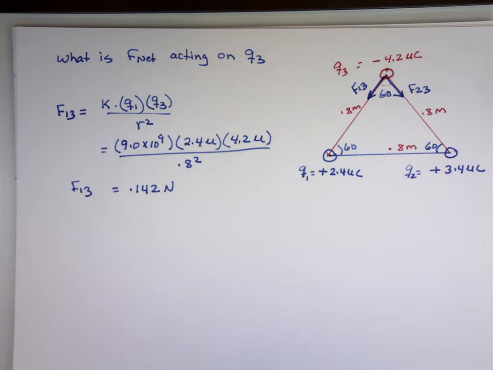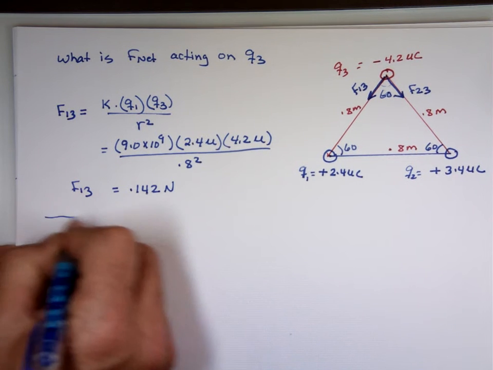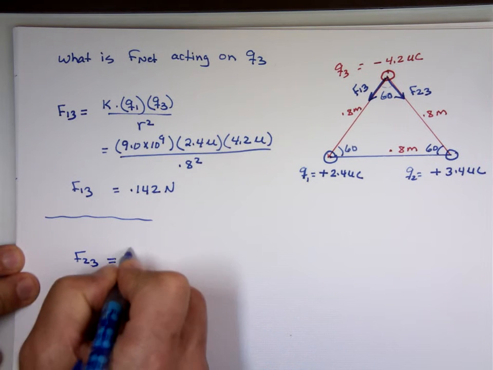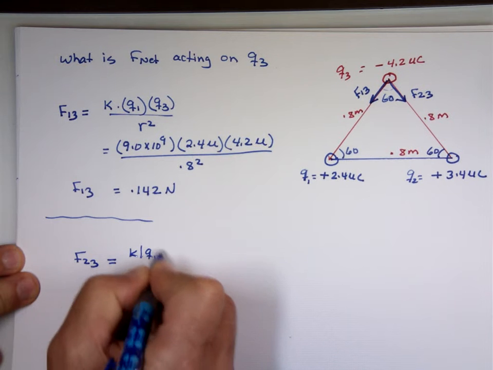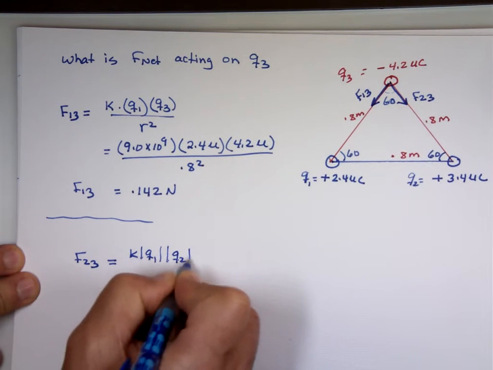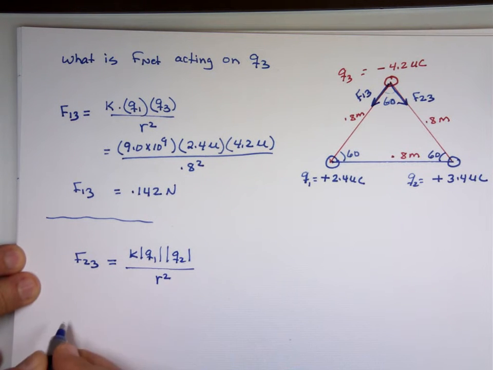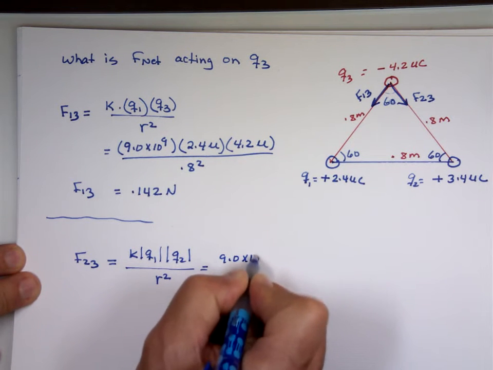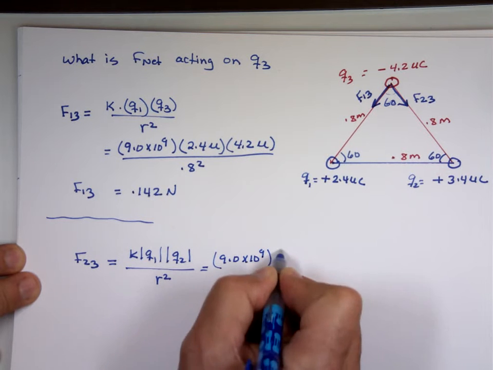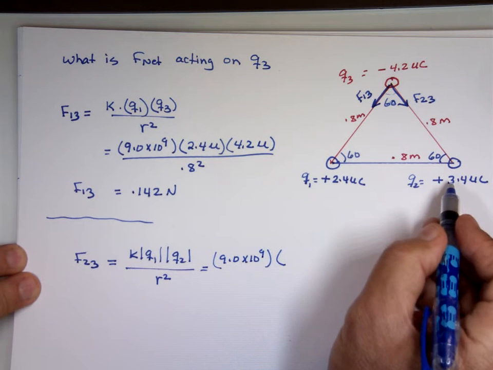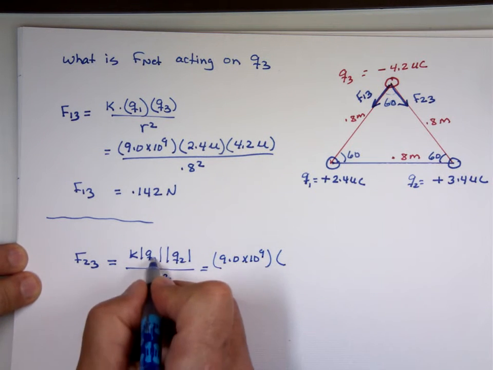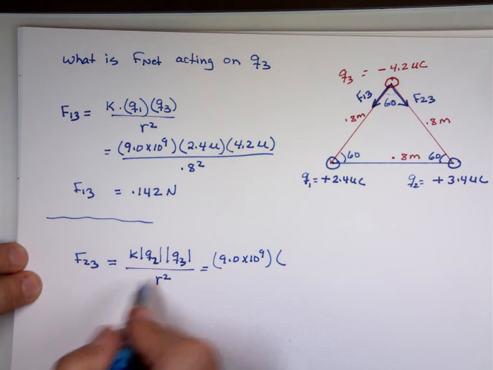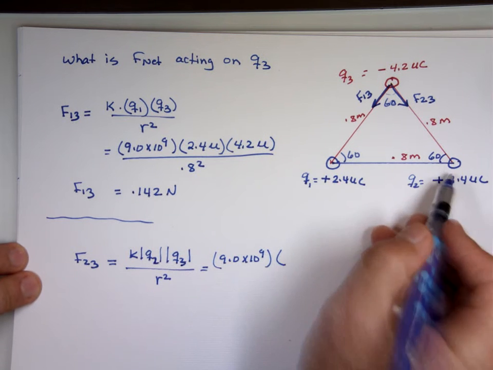Let's find F23 now. 9.0 times 10 to the 9, Q2 and Q3, I'm sorry. Q2 and Q3. I did the 1 and 2. Q2 times Q3. Q2 is what? 3.4 micro.